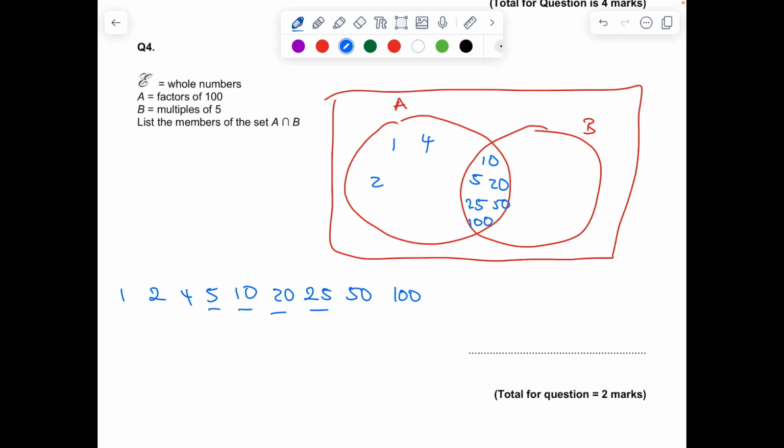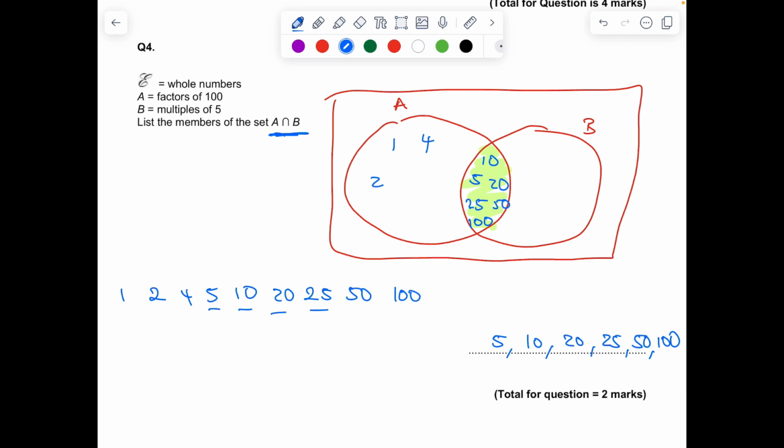Okay. So it just asks you for A and B, so the union, which is just talking about the middle bit. So it's talking about this bit here. And so all it wanted you to then put is those answers. So 5, 10, 20, 25, 50, and 100. That's it.